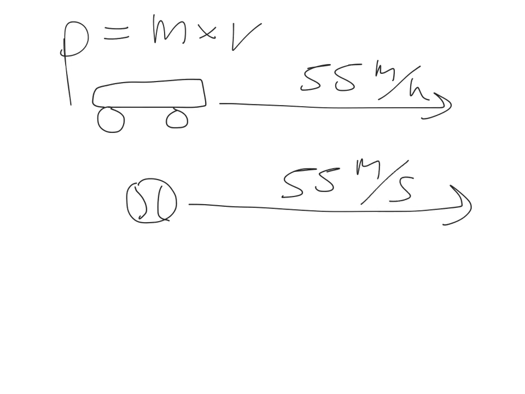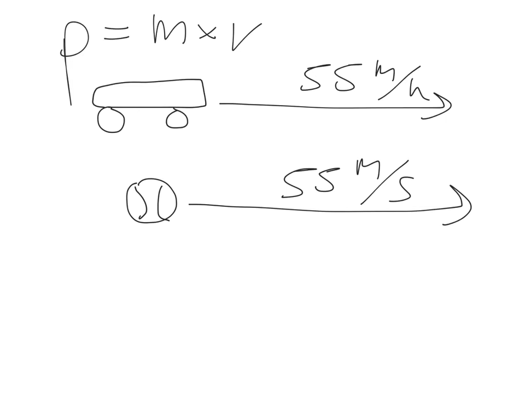So the baseball travels at 55 miles per hour. It takes a lot less force to stop a baseball than it does the car. So I can catch a baseball at 50 miles per hour, 55 miles per hour, because it's got a low momentum. So despite its speed, I can catch it because it's got a low mass, right?